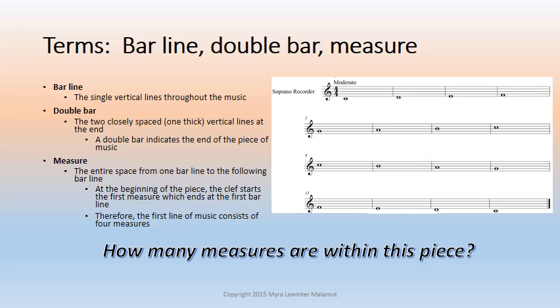The bar line that comes before the next note D, we can see that D is in the second measure, followed by a bar line, so that only the note D is in that second measure, and so forth. So, how many measures are in the first line of music?